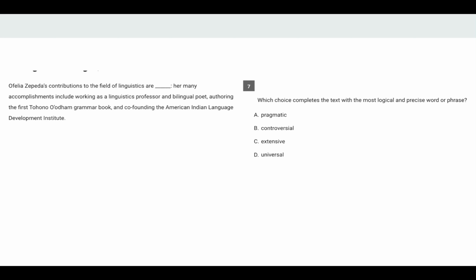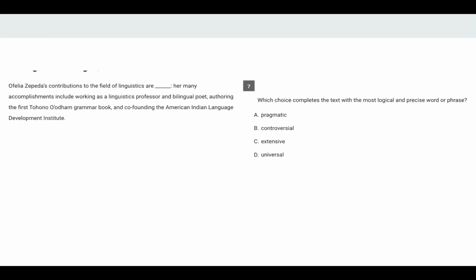Pragmatic means practical, an action rather than a theory. So, we are not seeing that because her contributions are both theoretical and pragmatic. So she works, which is pragmatic, but she's also an author, which is theoretical. So we cannot say it's A.